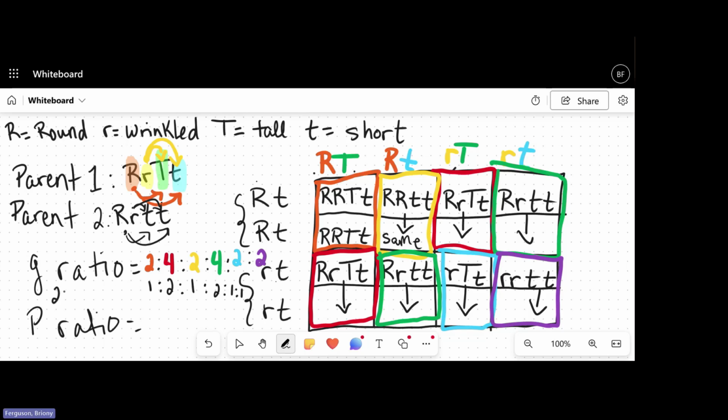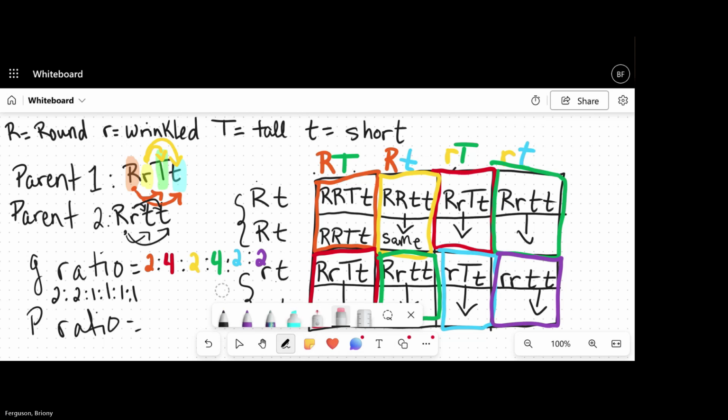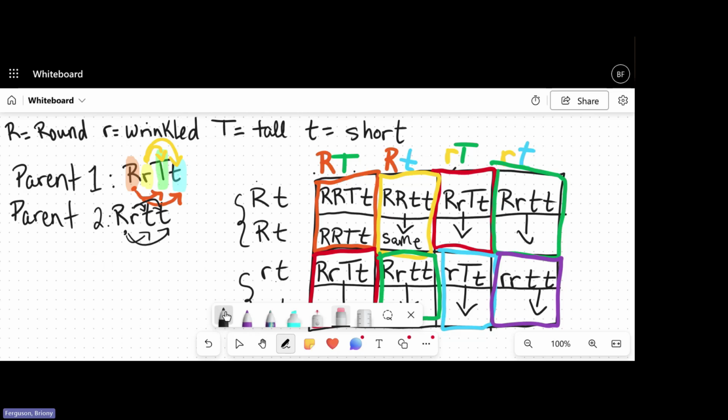But then you would want to put it as 2, 2, 1, 1, 1, 1. But I'm not going to ask you for the G ratio for the dihybrid Punnett square because it just takes too long. I will ask you for the P ratio though.